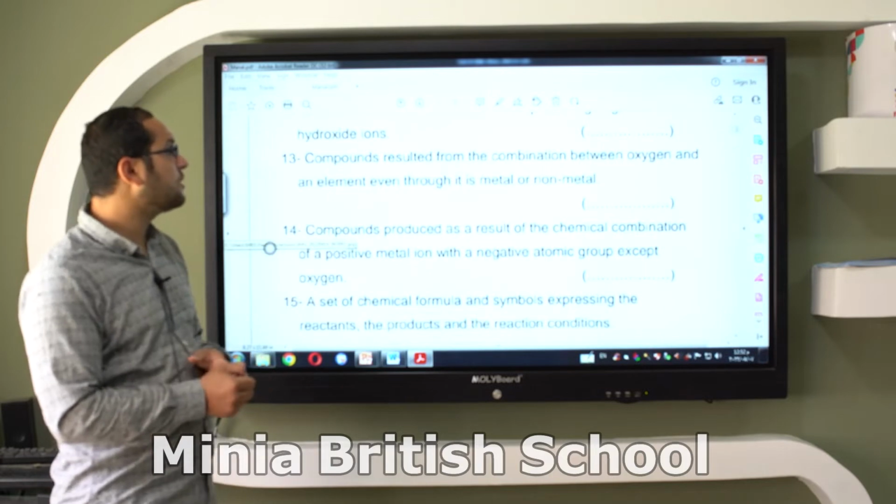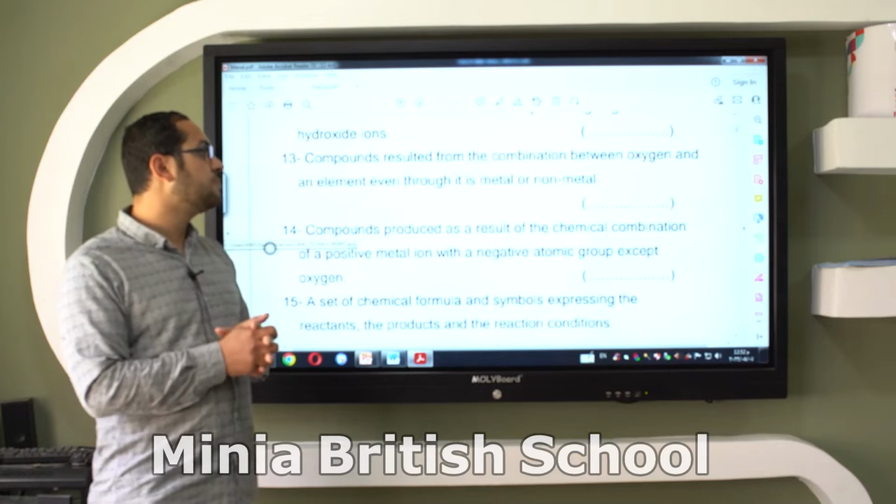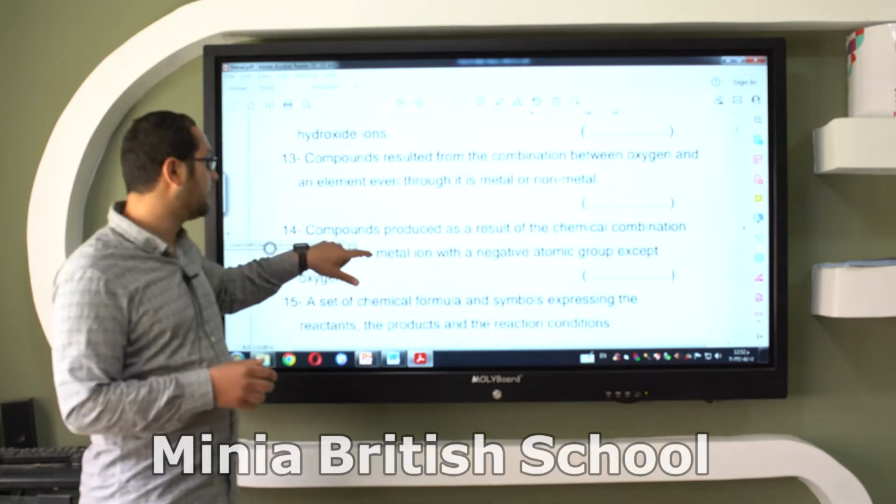Compounds resulting from the combination between oxygen and an element, whether metal or non-metal, are oxides.